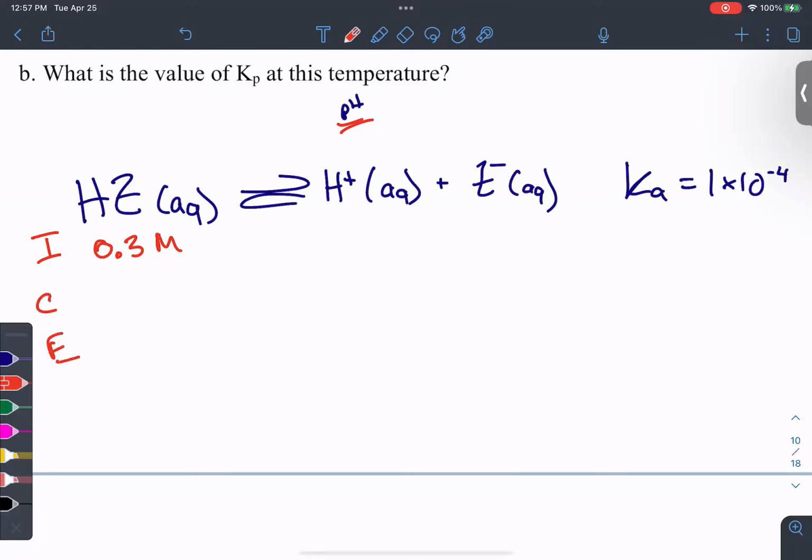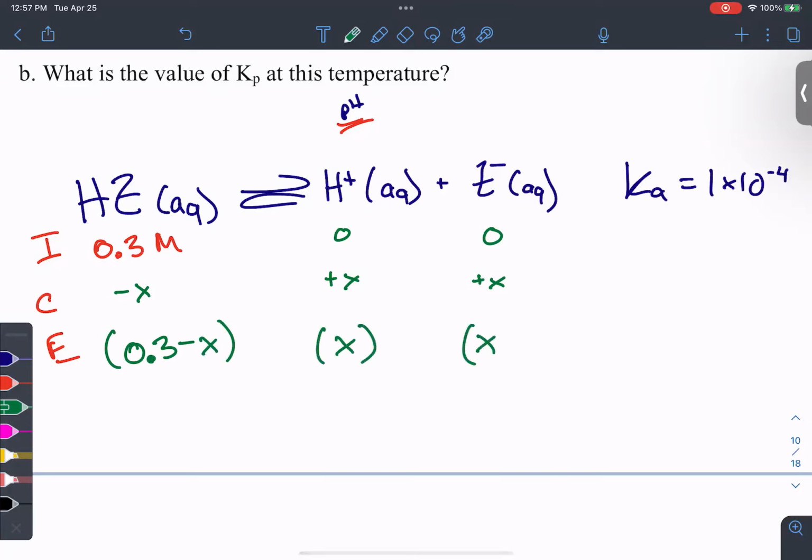We do our ICE table where initial is 0.3. The change line depends on the stoichiometry. So it's minus x, plus x, plus x. So at equilibrium, I will ionize some of my HZ: 0.3 minus x, x amount of H plus, x amount of Z minus.